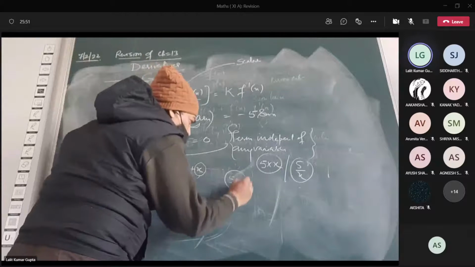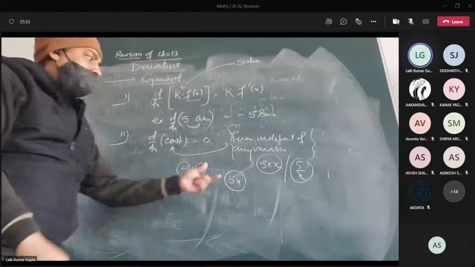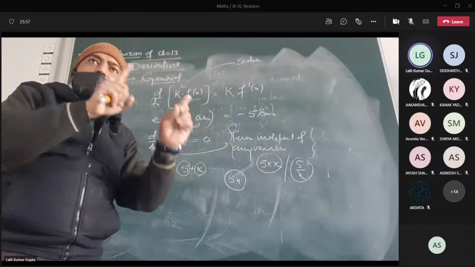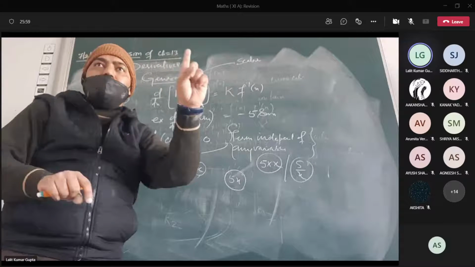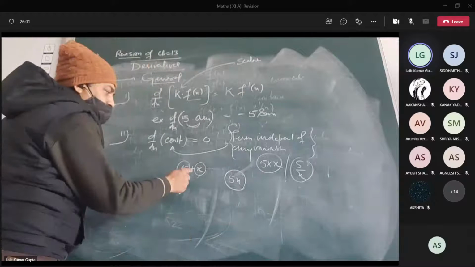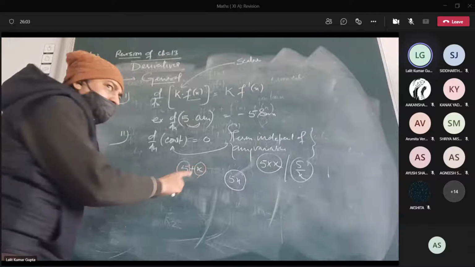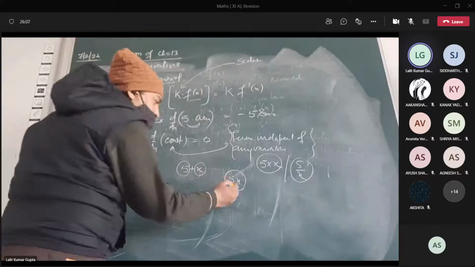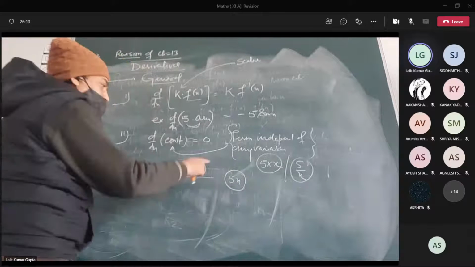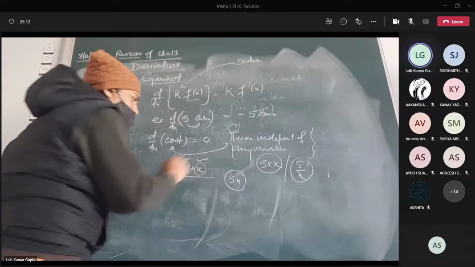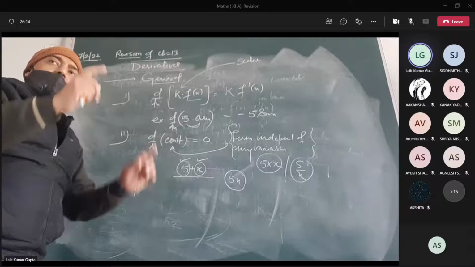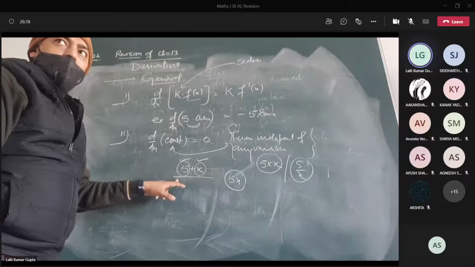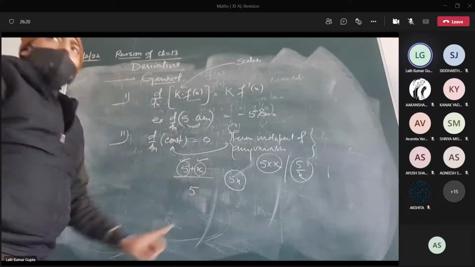But if I am writing 5x, it is always said that this is a variable because this is a single term now. Multiplication and division are known as a single term, and when we put a plus or minus sign, it means this is a combination of two or more terms, right? Overall this is a function, a combination of a constant and a variable. If someone asks overall, this is a variable function. But if I am writing only 5, now this is a constant.